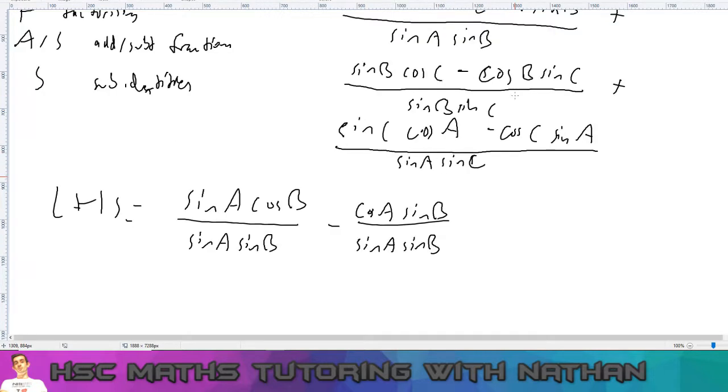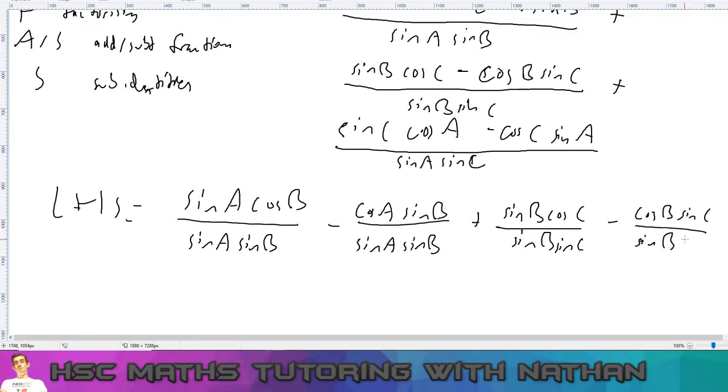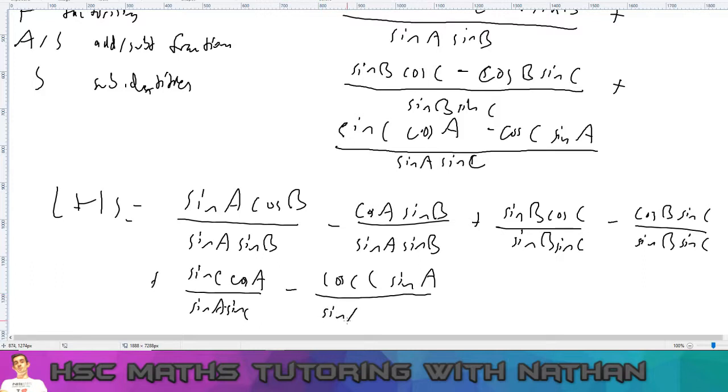So then this will be plus sine B cos C over sine B sine C, minus cos B sine C over sine B sine B sine C, plus sine C cos A over sine A sine C, minus cos C sine A over sine A sine C. Here's my favorite bit.